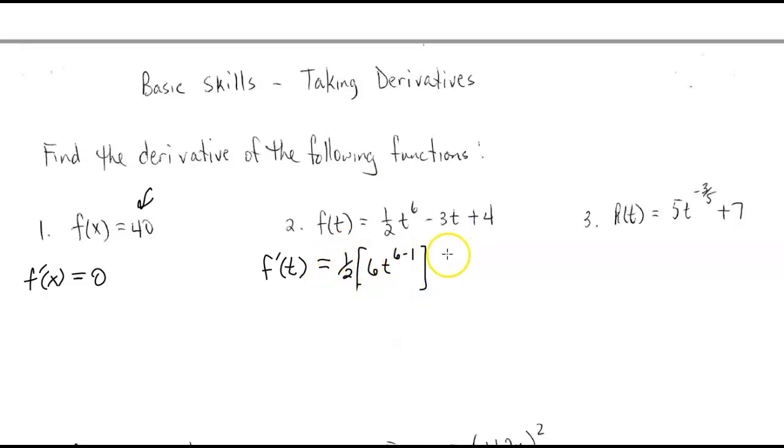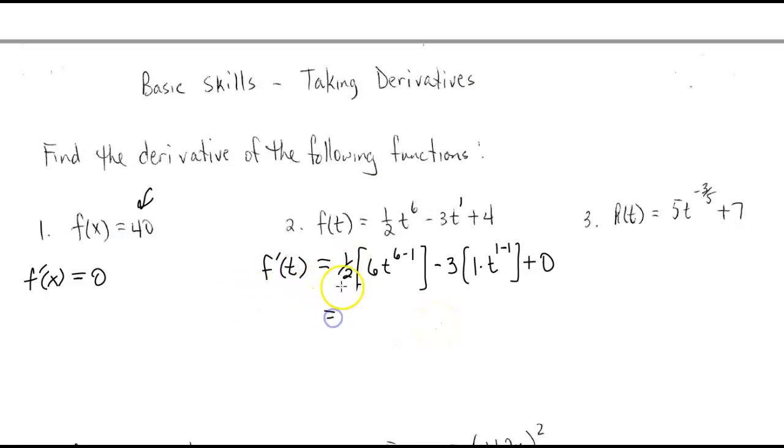And I'll clean this up in the next step. For the next one here, we just take 3, and then we take the derivative of t. And of course, the derivative of t is just t raised to the 1. So we literally here have 1 times t raised to the 1 minus 1. Okay. And then, of course, here the derivative of any constant is going to be 0.